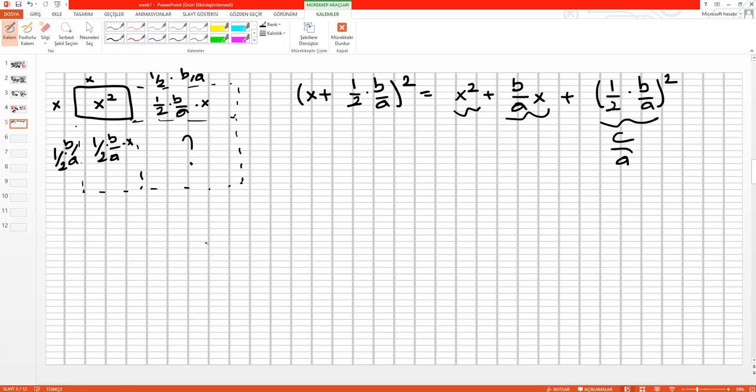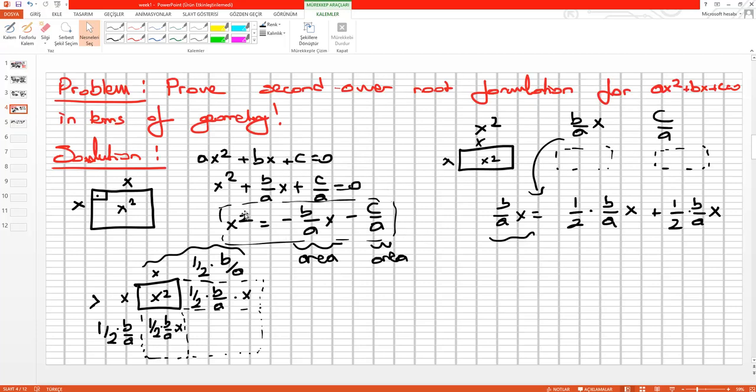And so, if this is the case, then we will write it down like (x + 1 divided by 2 b/a) squared equals minus c/a plus (1 divided by 2 b/a) squared, right? Because this minus c/a must be equal to this one, right? Because in the second example we can write it just like that.